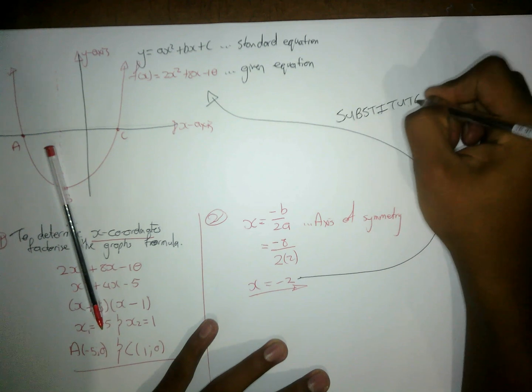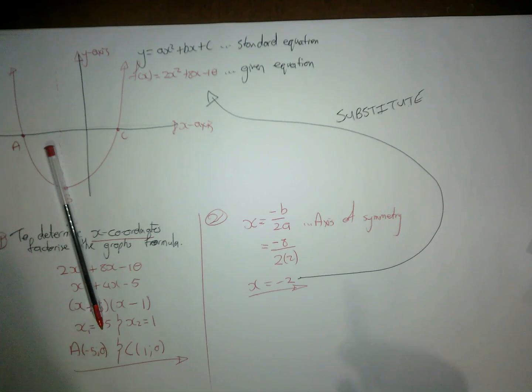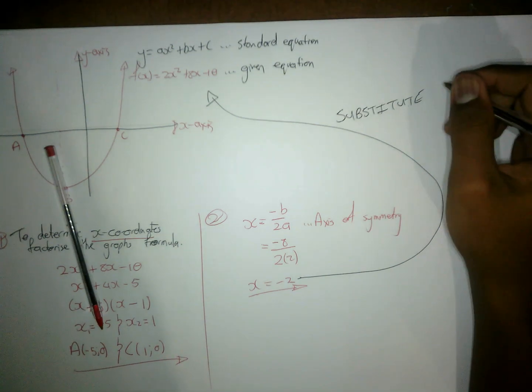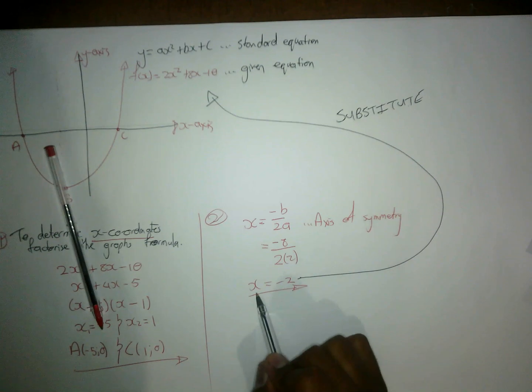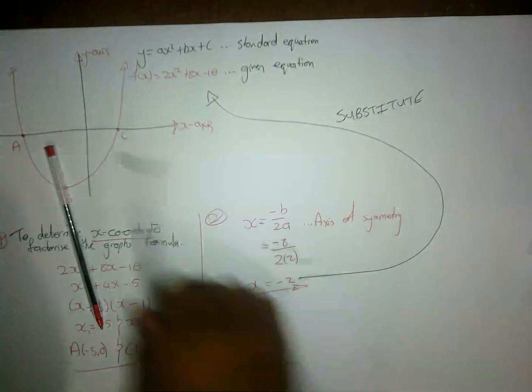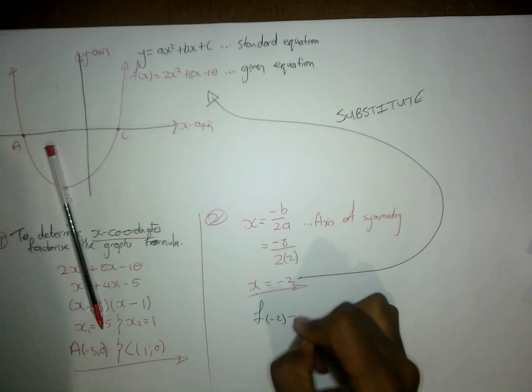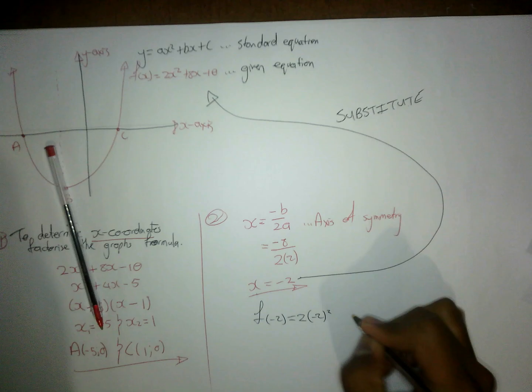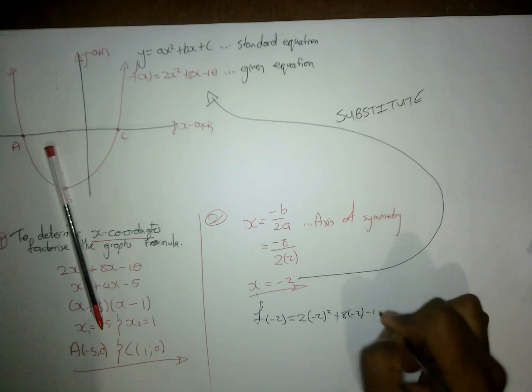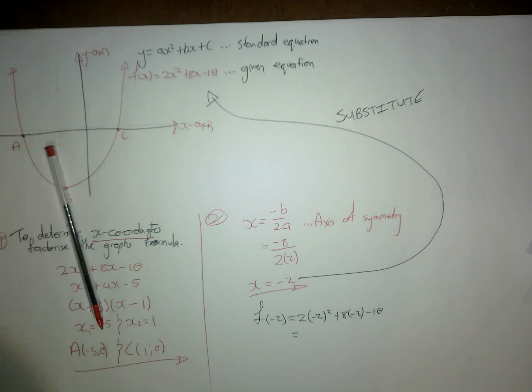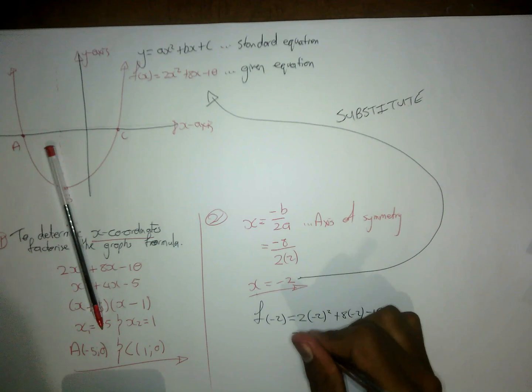So f of x equals 2 times minus 2 squared plus 8 times minus 2 minus 10, which on the calculator equals negative 18.